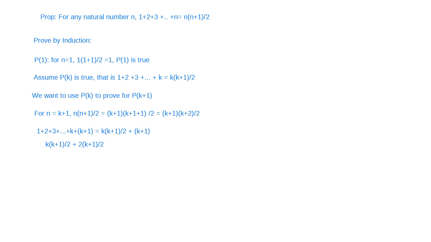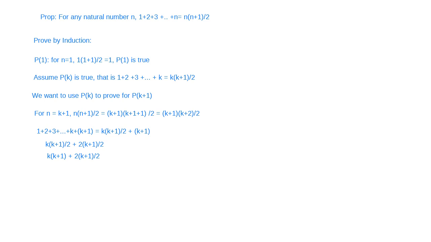So this becomes k times k plus 1 plus 2 times k plus 1, divided by 2. Both have a denominator of 2, so I can add up the numerators.